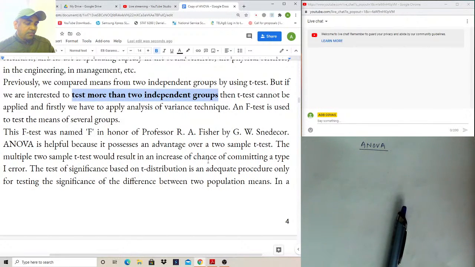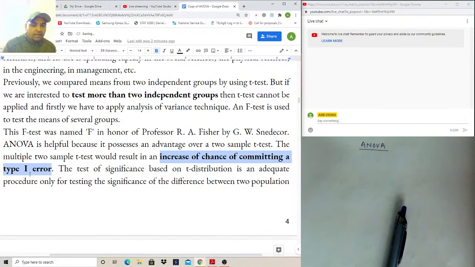So if we analyze the groups using the t-test instead of ANOVA, there are increased chances of committing a type 1 error. Even with many groups we could apply the t-test in pairs, but in that case we would be committing a type 1 error. That is why we should go ahead with the analysis of variance technique.